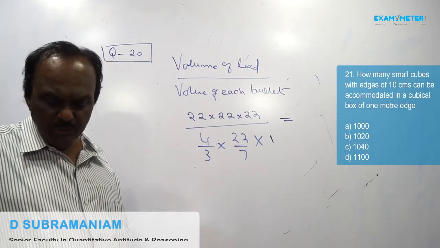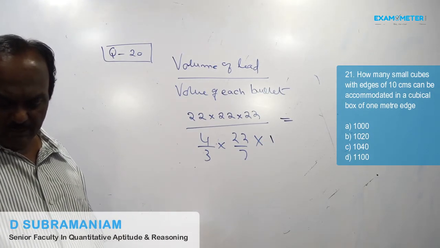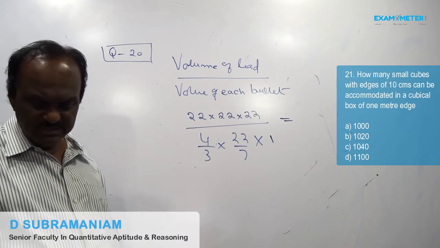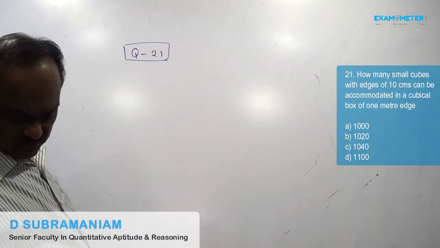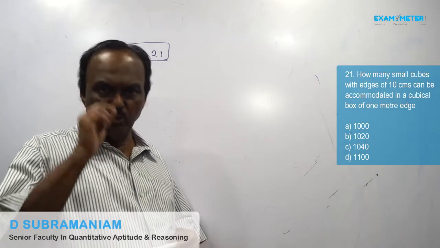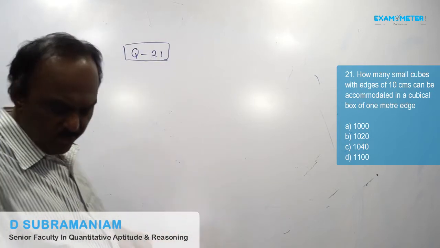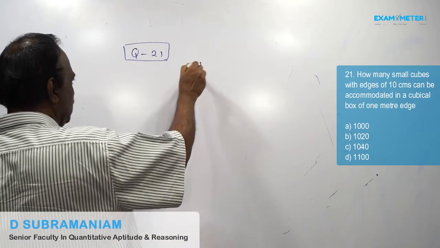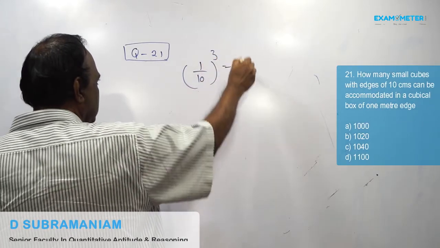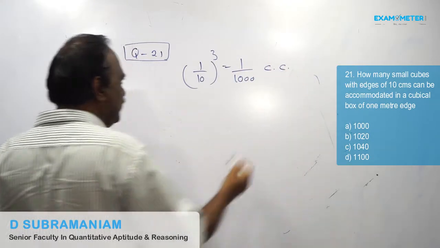How many small cubes with edges of 10 centimeter can be accommodated in a cubical box of 1 meter edge? First step, volume of a small cube is equal to 1 by 10 whole cube, that is 1 by 100 cubic centimeters.